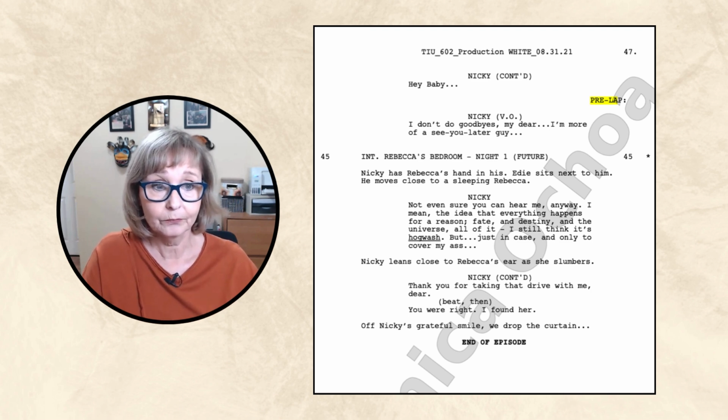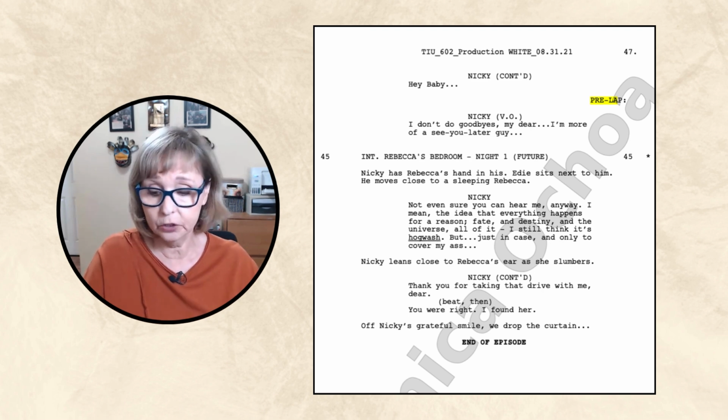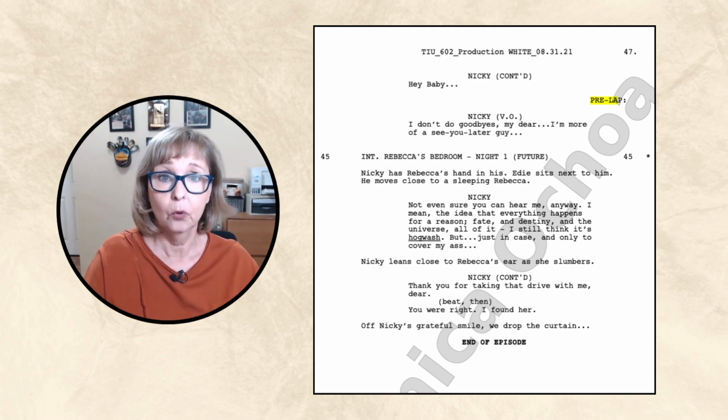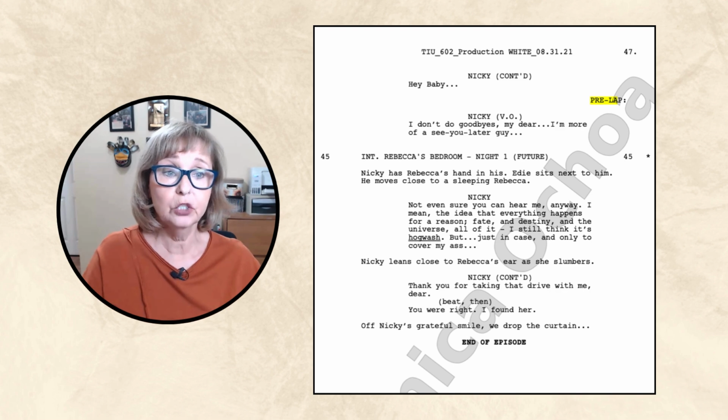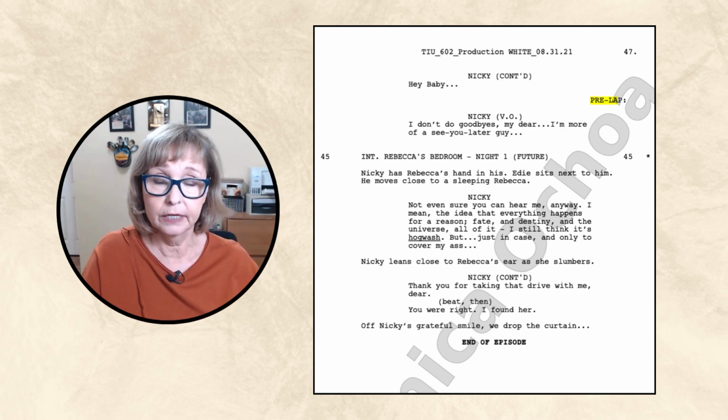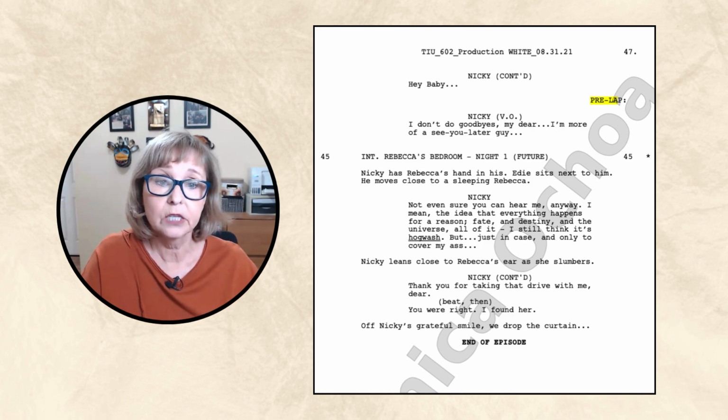Now, the one thing that's very important when you're working with prelaps is that, when you're doing your breakdowns, you want to make note of where all those prelaps are, where the off screens are, where the voiceovers are. The reason you want to know where the prelaps are is because, say, for example, this scene 45 was at the top of the page.